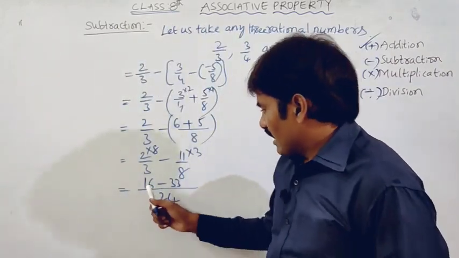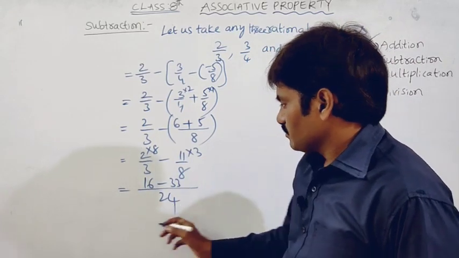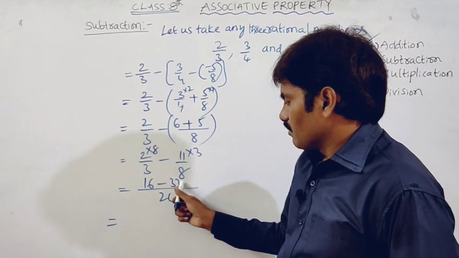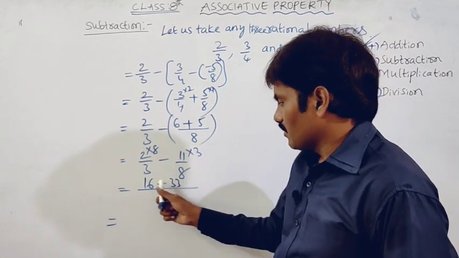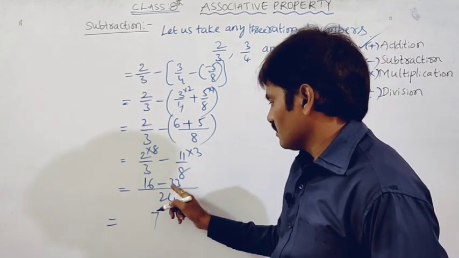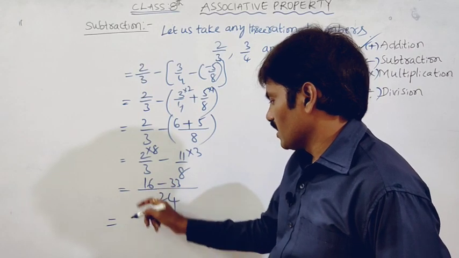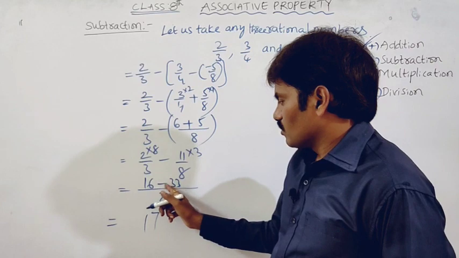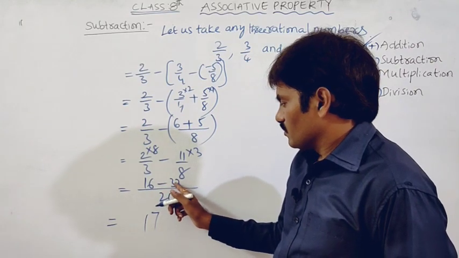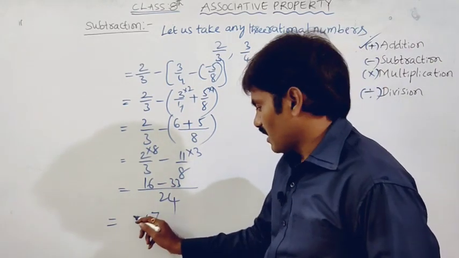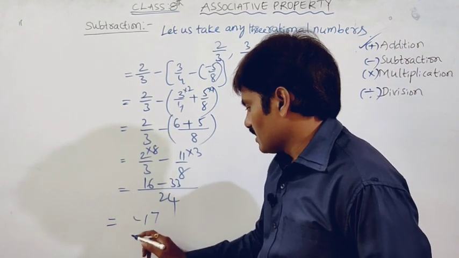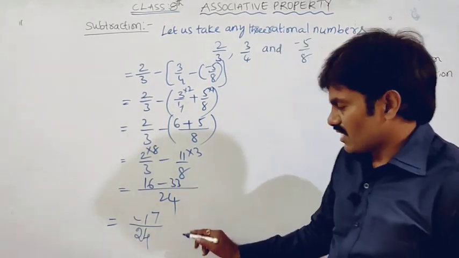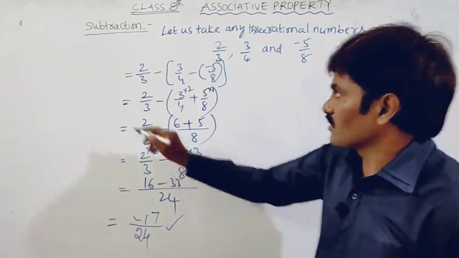Now here 16 minus 33, how much? Yes, 33 minus 16. The bigger number is 33, so the answer is 17, and the sign of 33 is minus. So minus 17 by 24. We have got the left hand side part: minus 17 by 24.